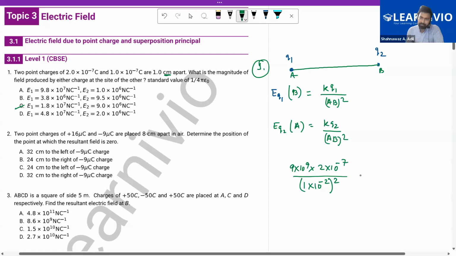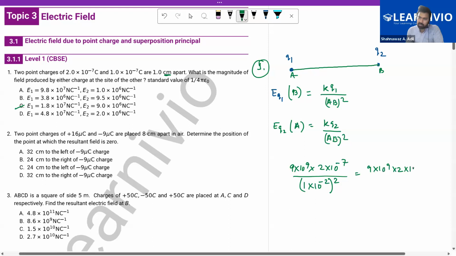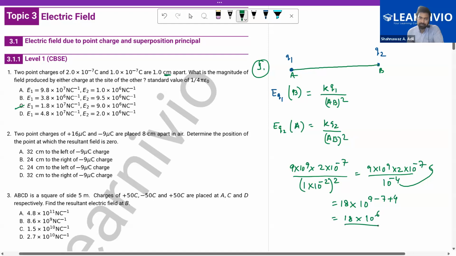So 9 into 10 to the power 9, 2 into 10 to the power minus 7, and then 10 to the power minus 4 goes upstairs. 9 twos are 18, and then 10 to the power 9 minus 7 plus 4, so this would be 18 into 10 to the power 6.